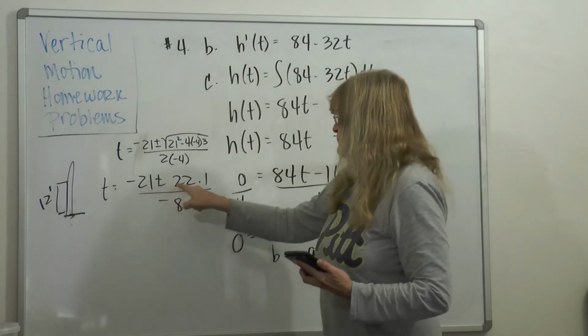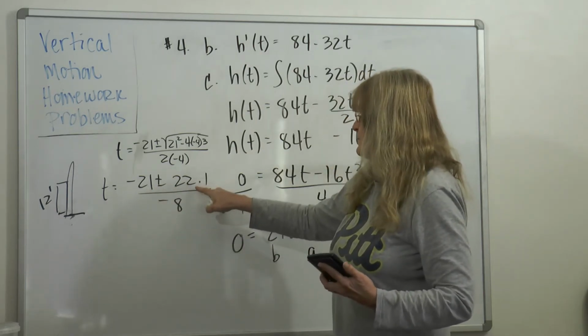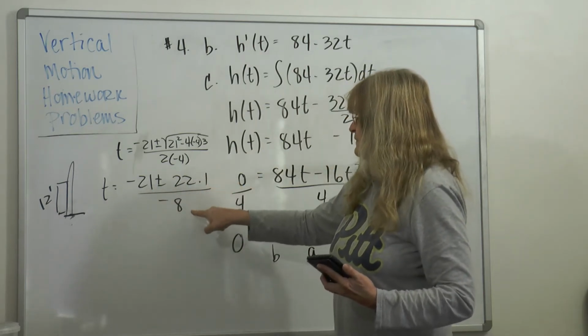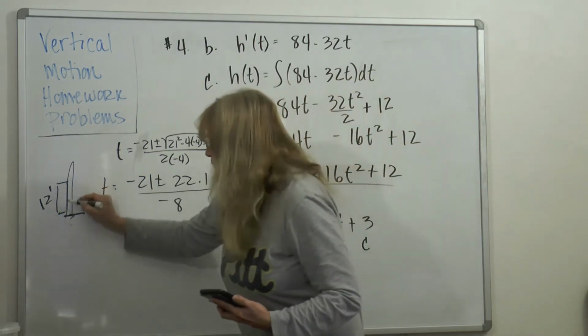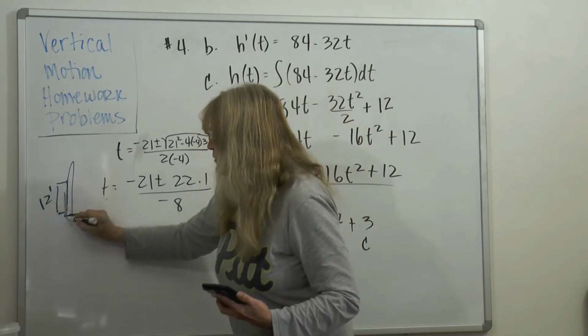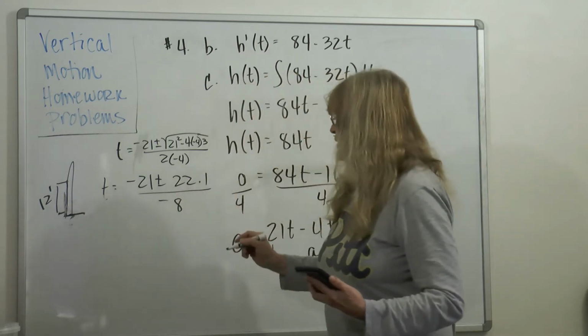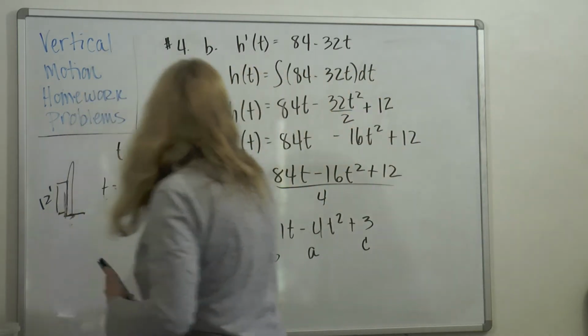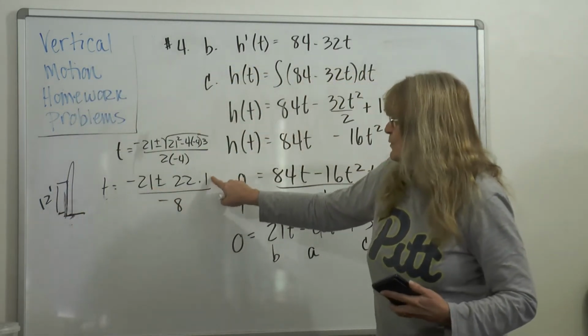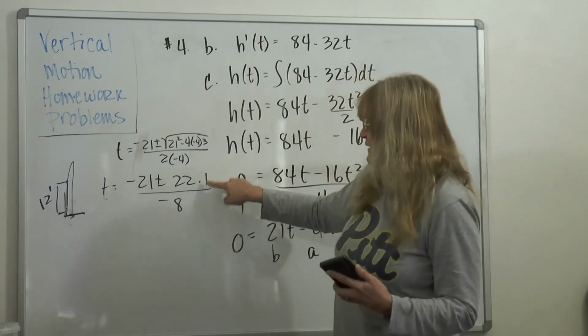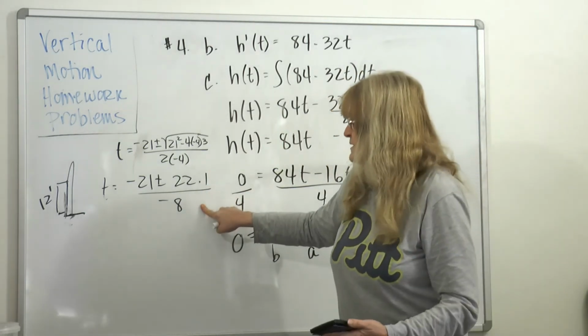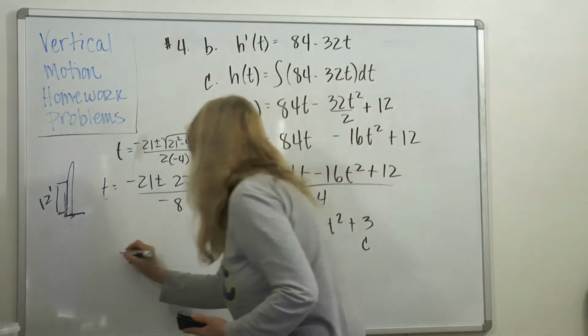Well, negative 21 plus 22 is going to be a positive number. Positive over a negative is going to be negative. Remember, you're going to have that because we're not starting on the ground. I don't want that one. I want negative 21 minus 22.1 over negative 8, because that'll be negative over a negative, and that'll give me a positive, which is what I want for time.